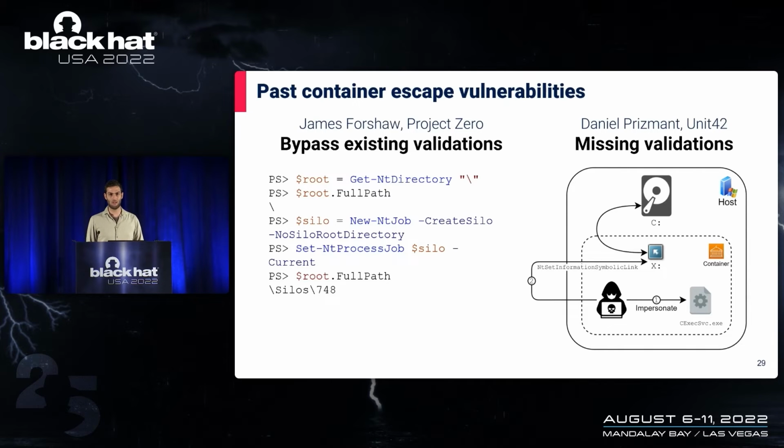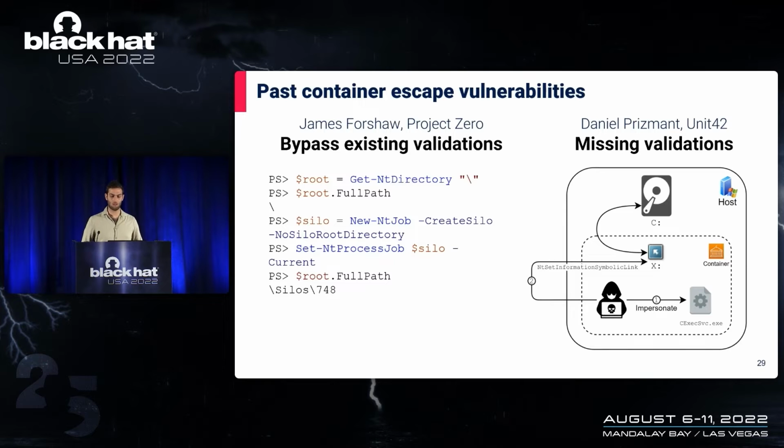Each vulnerability represents a method for finding a vulnerability in containers. The first method is to look for APIs that Microsoft just forgot to block. Unit 42 found a vulnerability in Object Manager symbolic link that let a process inside of the container access any hard drive on the host, which means that the container can write arbitrary files and control the file system.